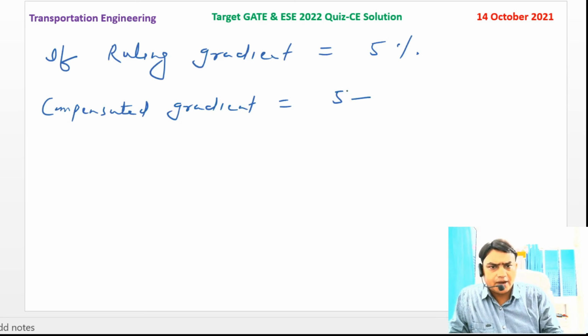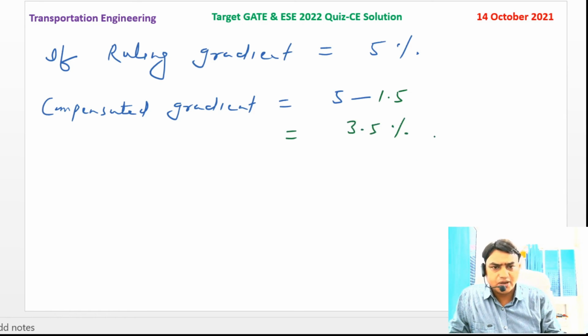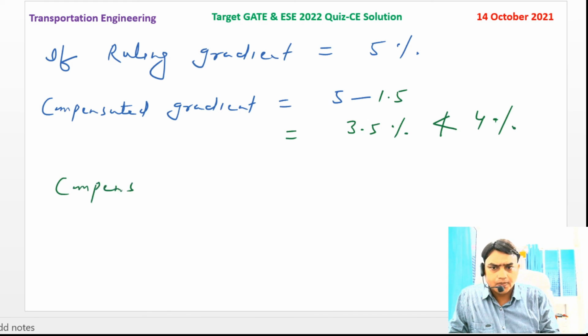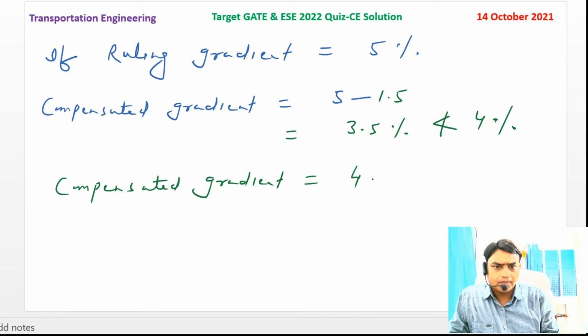So it is 5 minus 1.5, and this value is 3.5%. But IRC suggests that grade compensation cannot be applied if the gradient is flatter than 4%. So it cannot be 3.5%, so the compensated gradient is 4%.